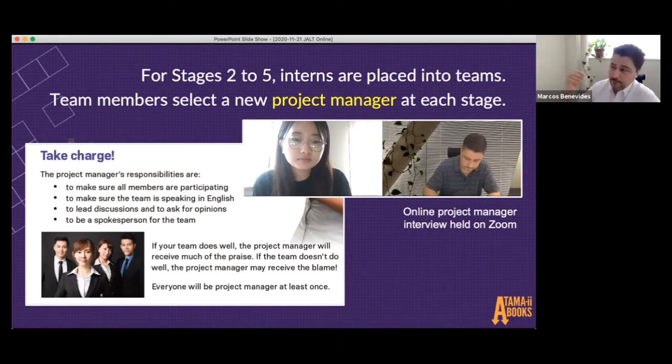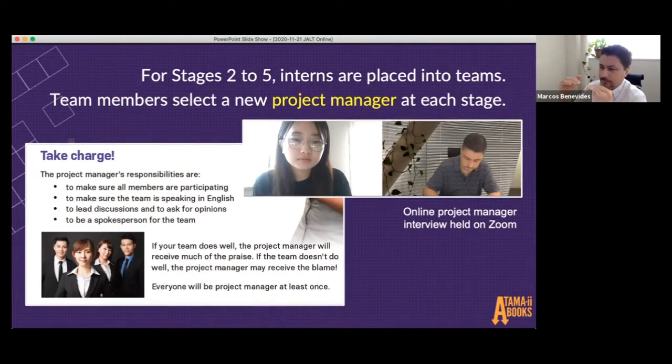One of them being that when they vote for their first project manager in stage 2, they tend to select the person who's the most confident at English to be the first project manager. In other words, they end up selecting the best, the most proficient, usually, student in English in class for what actually ends up being the easiest stage, right?